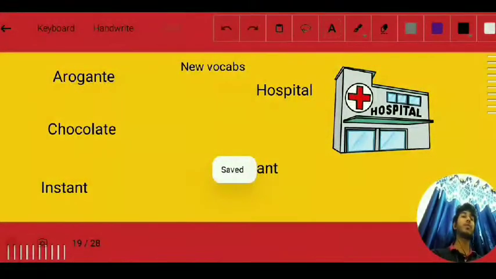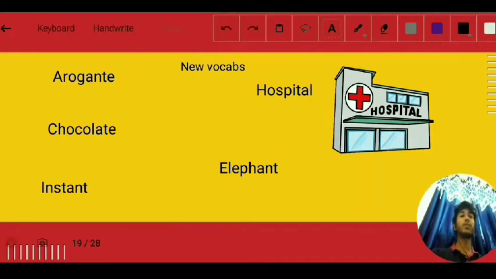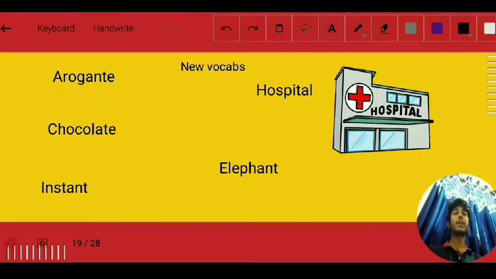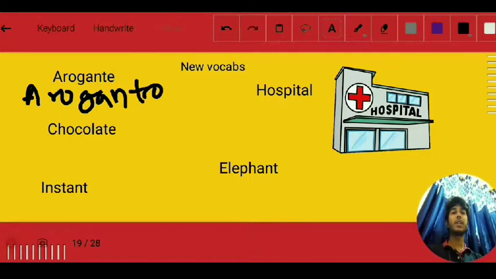So now here we have some new vocabs, because if you are going to practice new sentences, then we need new vocabs. So I have taken only those vocabs which are very similar in Spanish and English. The first word is arrogant. In Spanish this word is arrogante.